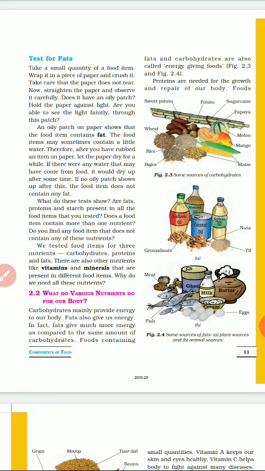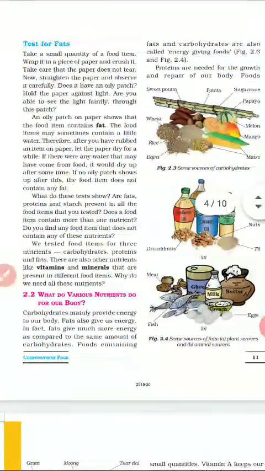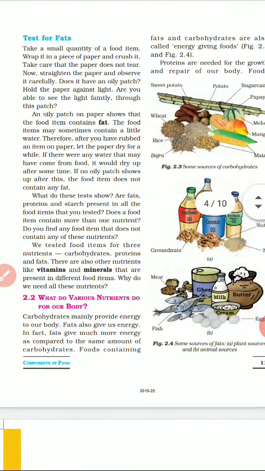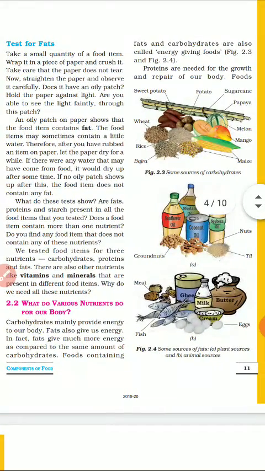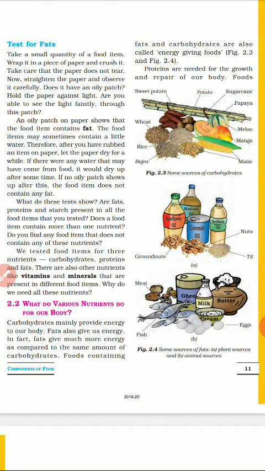In this video we are going to study the test for fats. Examples of fats are oil, ghee and butter. If you have to test whether any food has fat or not, and the food is solid, you have to crush it.